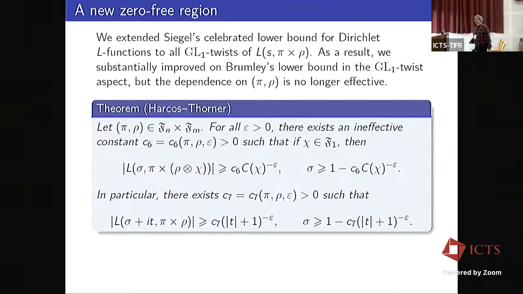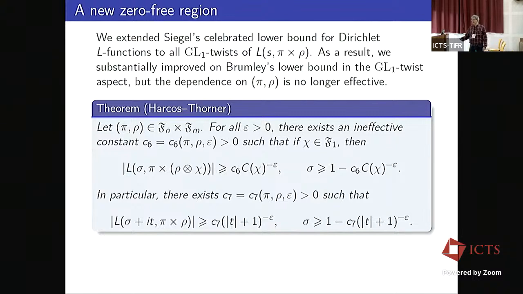So in particular, if you take chi to be a purely determinant character, chi is the norm of the determinant to the it, then the result becomes a zero-free region for the Rankin-Selberg L-function per se. So L(sigma plus it, pi cross rho) can be lower bounded by this ineffective constant times t to the minus epsilon, as long as sigma is not too far to the left of 1.